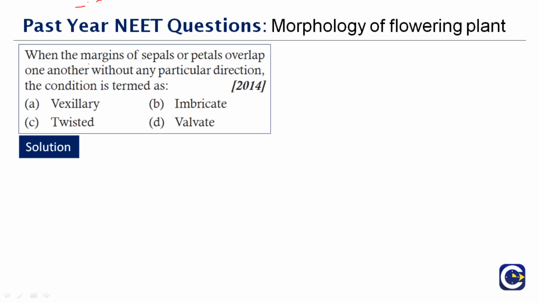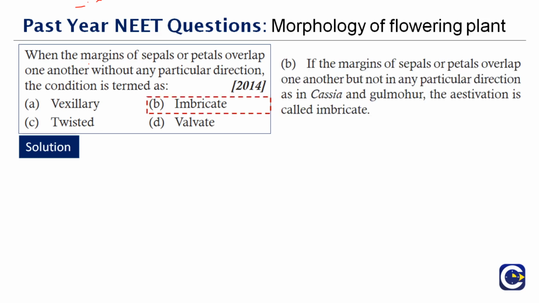So that is an example that I would like to highlight here. Here they're talking about the overlapping only, where the margins of the sepals or petals overlap with one another, but they don't follow a particular direction or condition. That is termed as imbricate, which is option B. They've given you examples as cassia and gulmohar. These are some of the examples which have this imbricate arrangement.